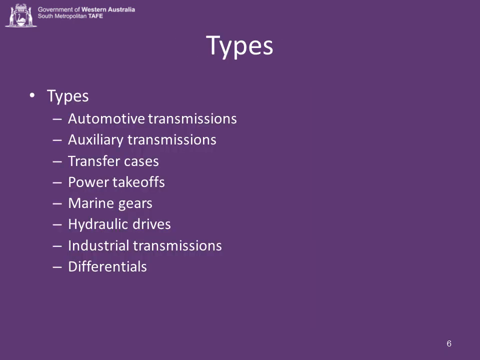Automotive transmissions are used as the main transmission in cars, trucks, farm machinery, and earth-moving machinery. It can either be automatic transmission or manual transmission, or the halfway house, which is the double clutch transmission. They usually provide from 4 to 10 speeds.